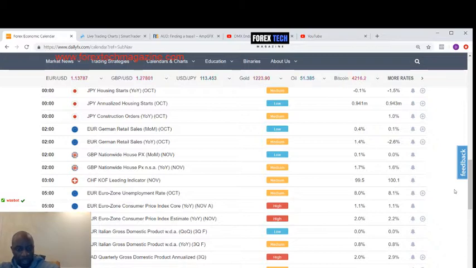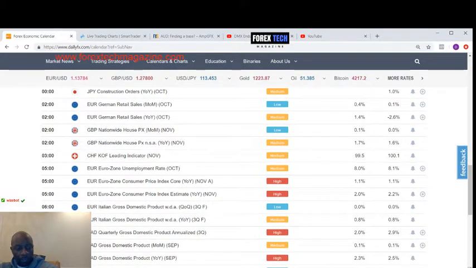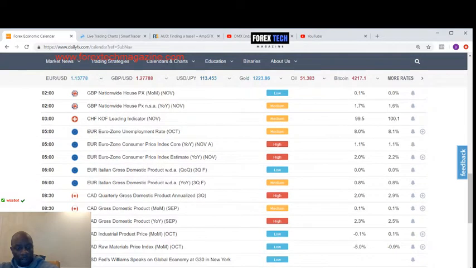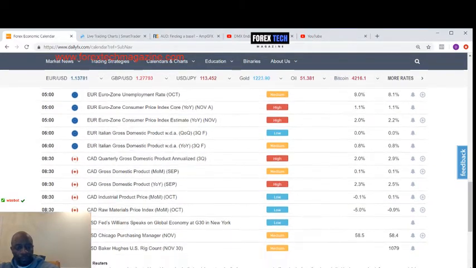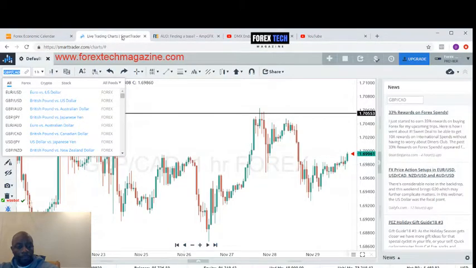Consumer price index for the euro is coming out at 5 a.m., so we've got a little over an hour and some change for that. And then you've got the Canadian dollar versus the GDP. That's coming out at 8:30. So that makes sense why you're getting this type of movement in this currency pair here.